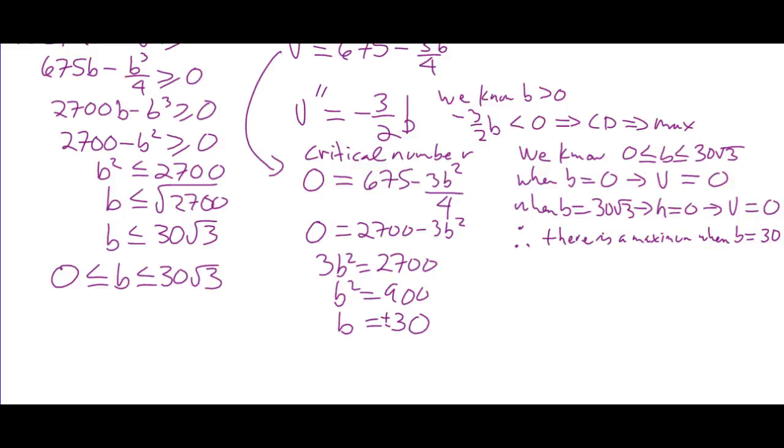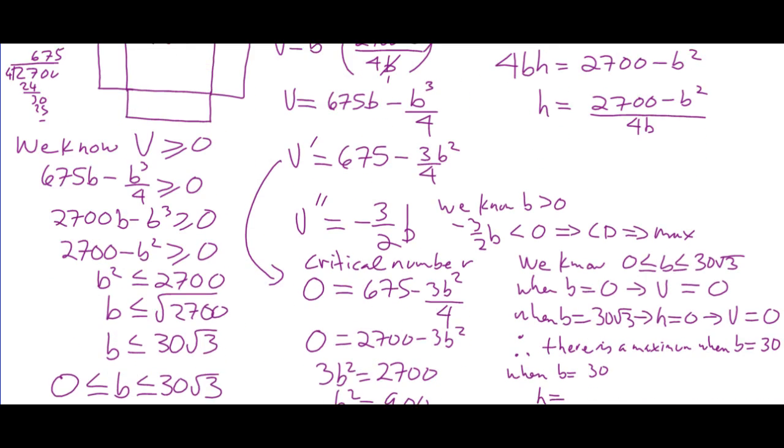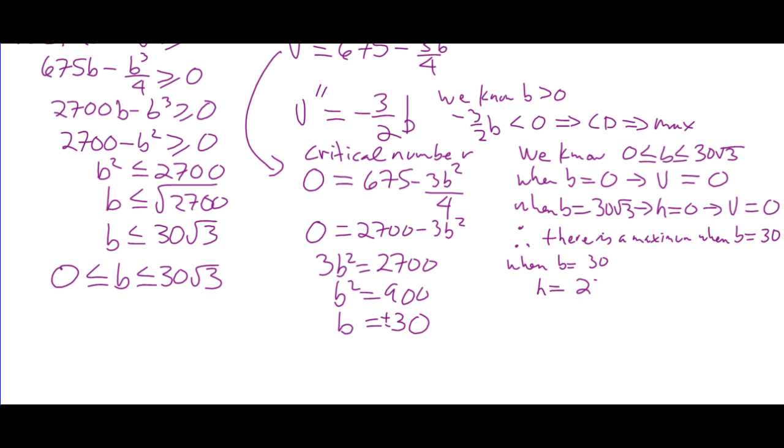Okay, so when b equals 30, h is equal to 2,700 minus b squared over 4b. 2,700 minus 30 squared over 120. 30 squared is what, 900? Yep. 900, so 1,800 over 120. 15?